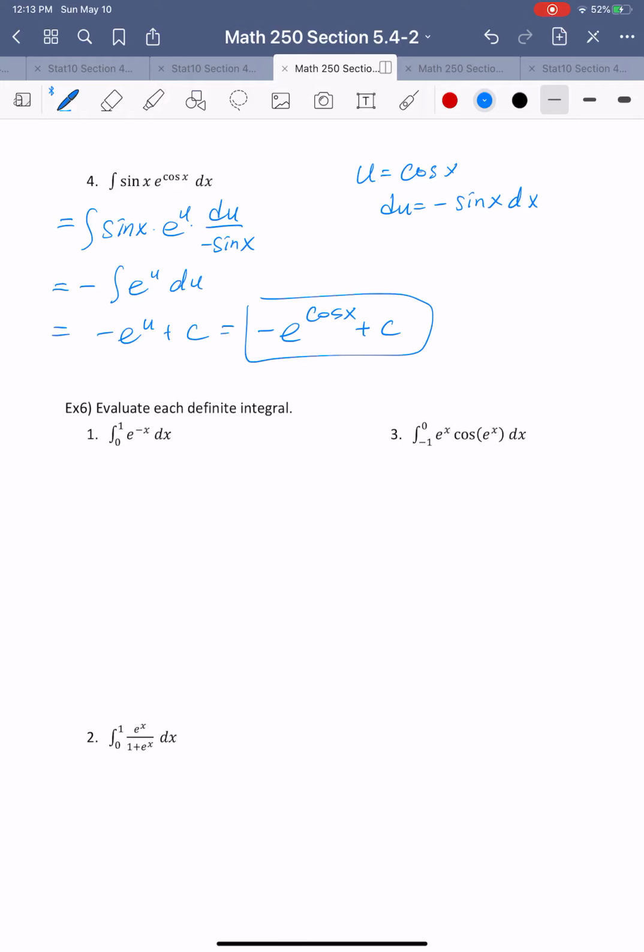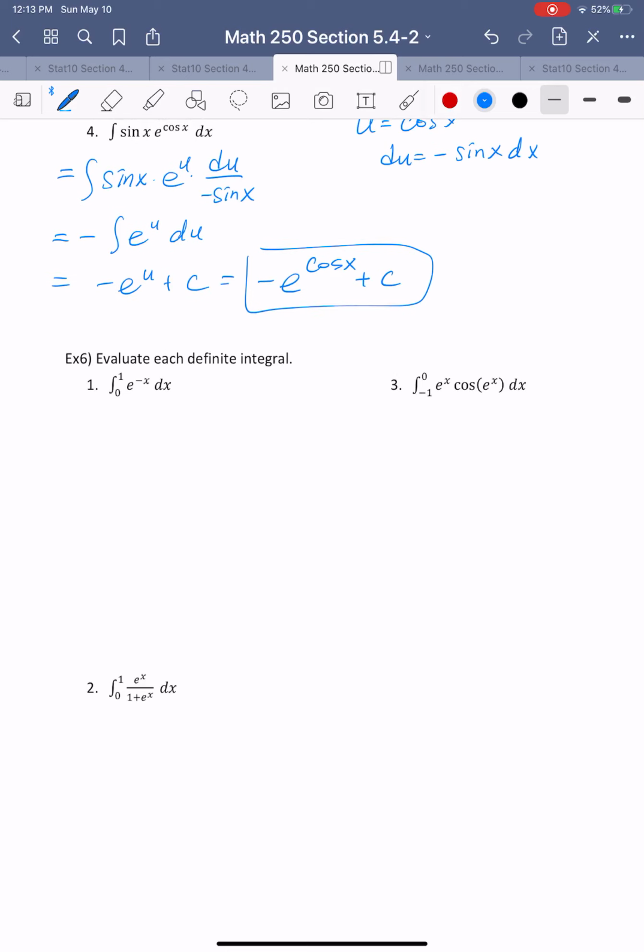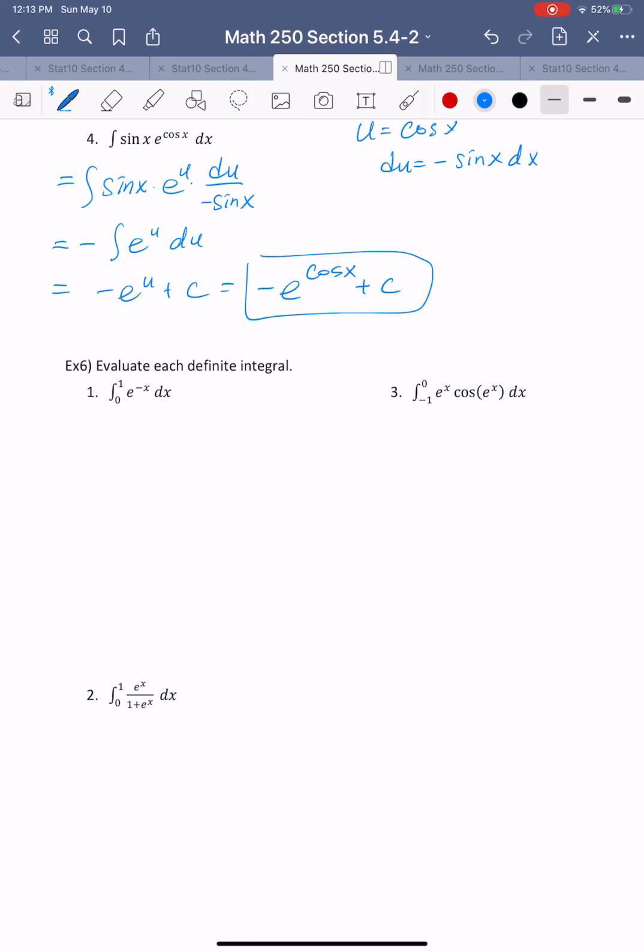Alright, now evaluate the definite integral. Okay, so the first one, I can say u is negative x, which means du is negative dx. So I have just the integral without using the limits. So e to the u, and then negative du.